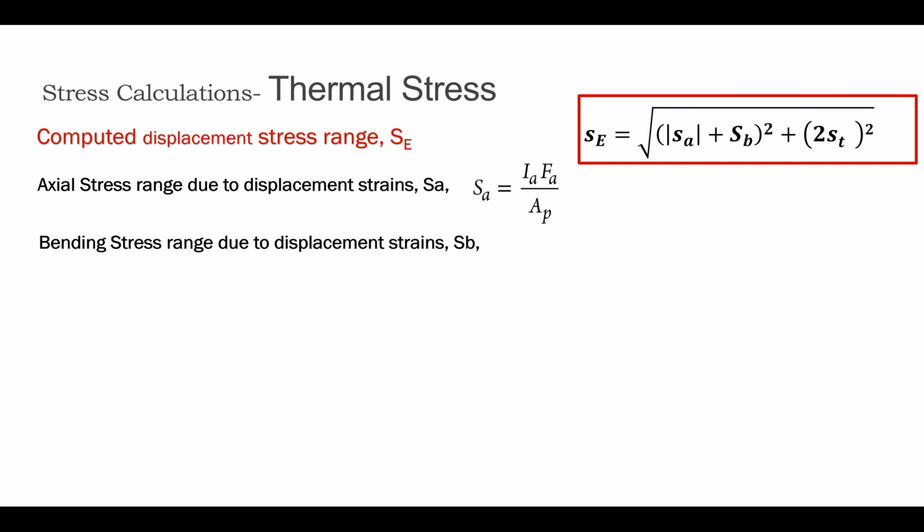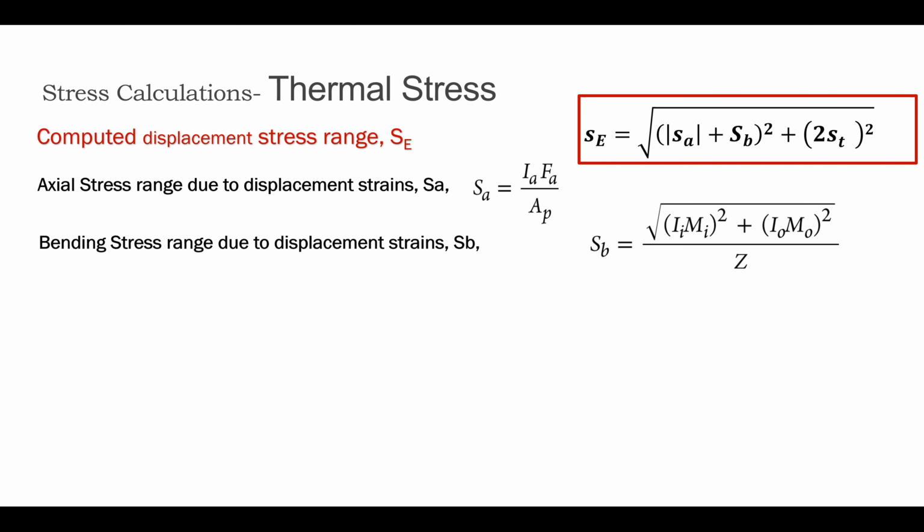Similarly, the bending stress range due to displacement strain SB can be calculated through this formula: the square root of (II MI) whole square plus (IO MO) whole square, divided by Z. So SA is the axial stress range due to the displacement strain, SA is equal to IA FA over AP, and SB is the bending stress range due to the displacement strain.